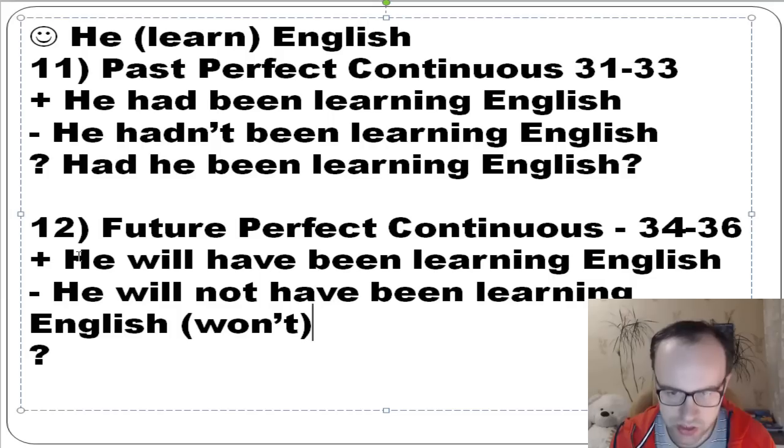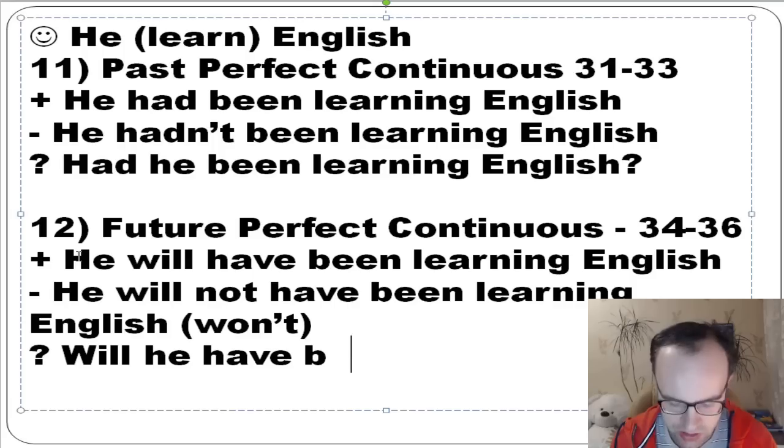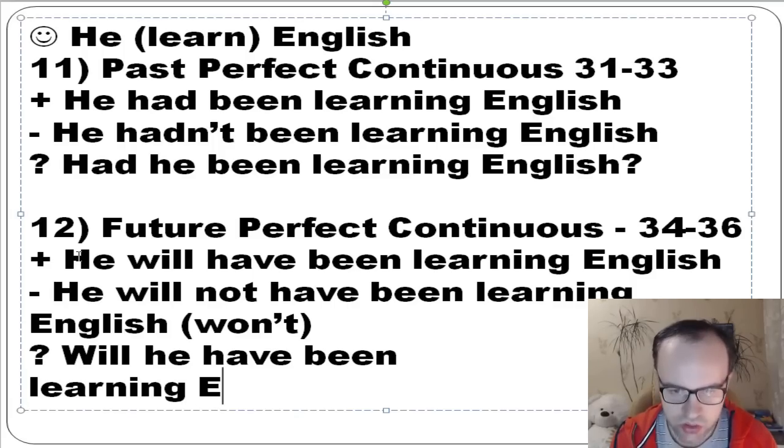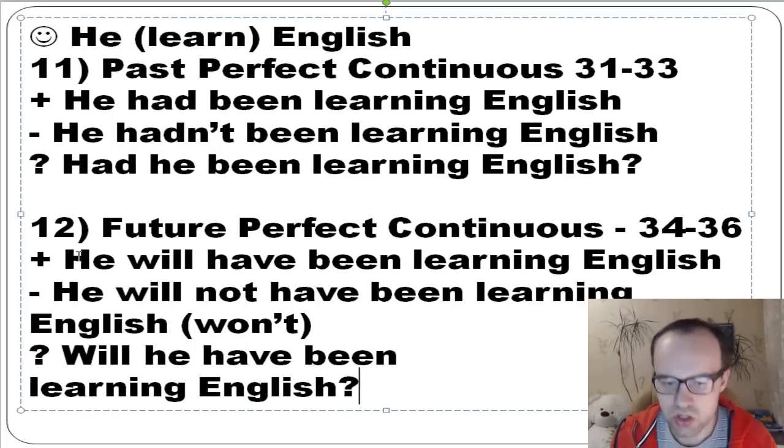It's also possible instead of will not. And if you want to ask a question, you put will in the beginning. So will he have been learning English? It's the same story. We use only have with he, she, it in this structure.